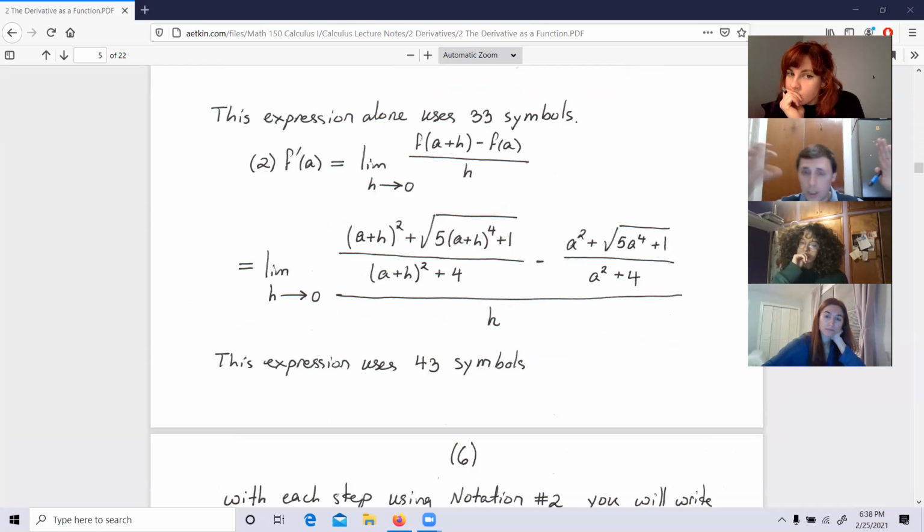It's easier to forget some symbol and make a mistake. And also, each symbol takes you some amount of time to write. So if you actually follow the second notation, even if you do it well, you are probably going to be twice as slow and more likely to make mistakes.